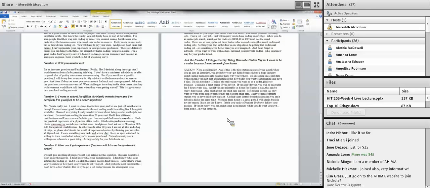Will you mentor me? This is more of her personal thing. A lot of people, I don't get asked for mentoring. I do get asked for references, though. That's the one thing I do get asked for, but mentoring is not one of them.